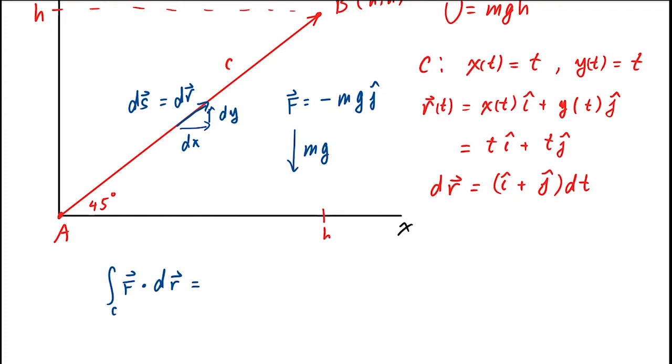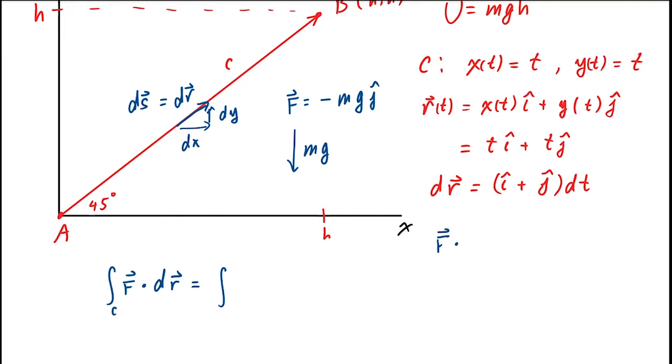Now we have to take F dot product with this thingy. Let's see what that does. This thingy has no i vector, so that part is 0. I'm going to do it quickly here.